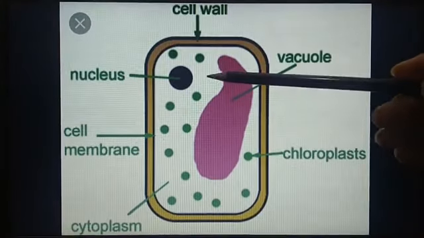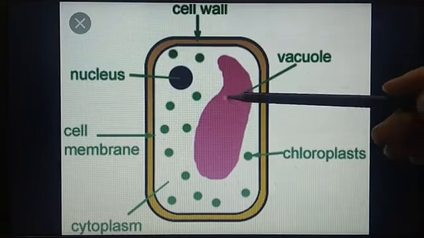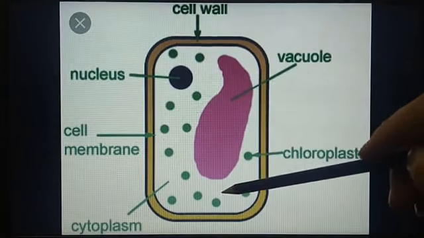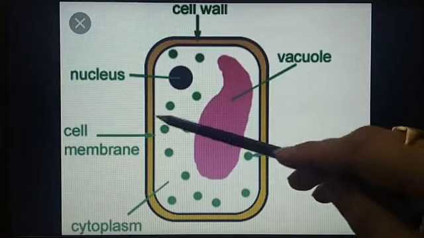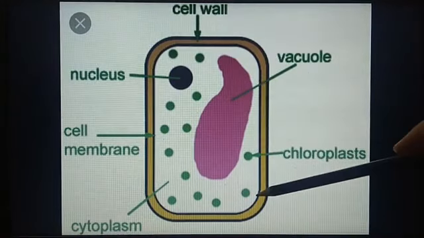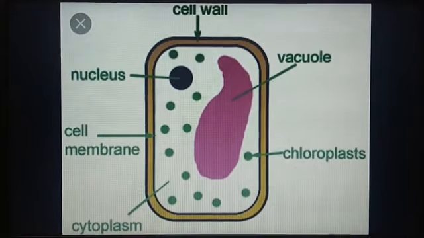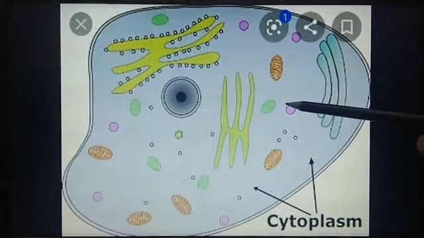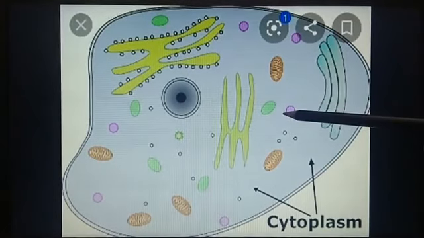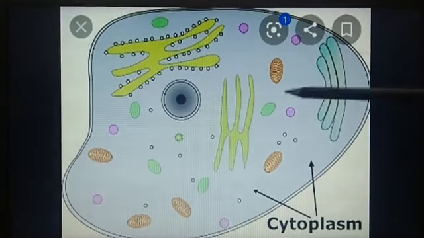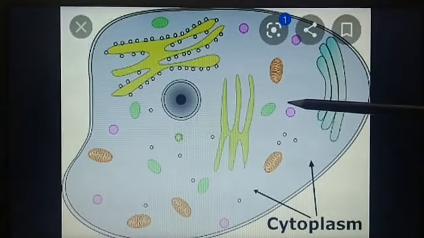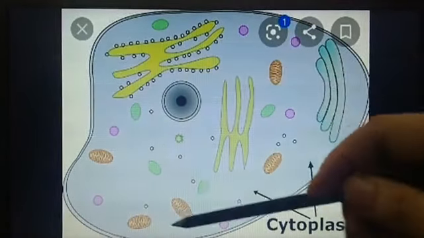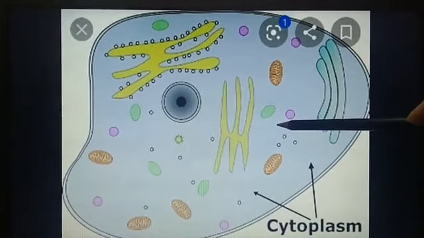Cytoplasm is a thick jelly-like fluid or solution that fills each cell and is enclosed by the cell membrane. It is mainly composed of water, salt and protein. Dear children, you can imagine cytoplasm as a jam which has lots of fruit pieces in it.